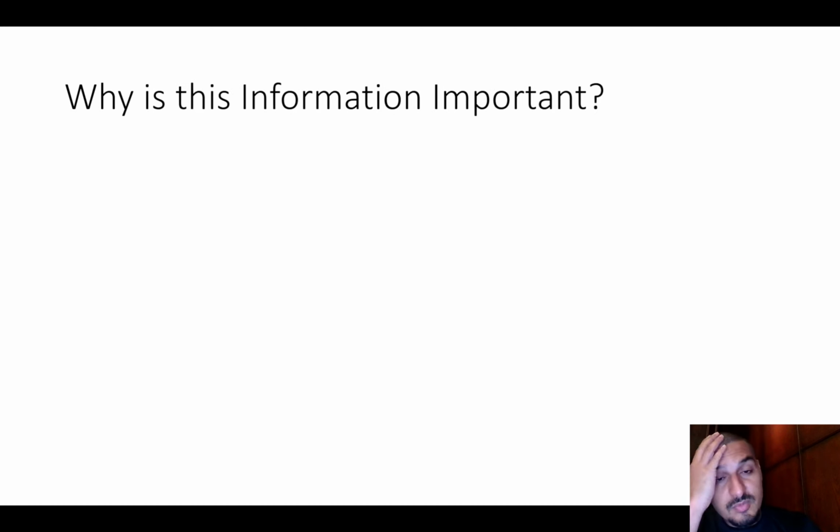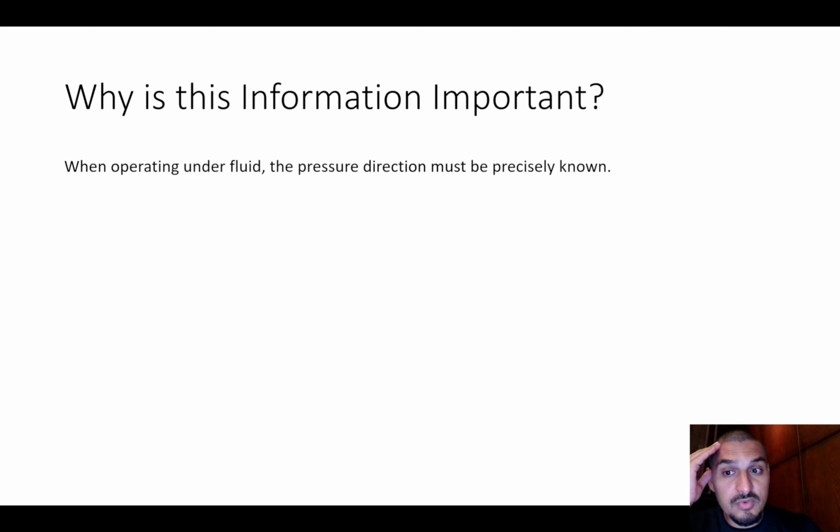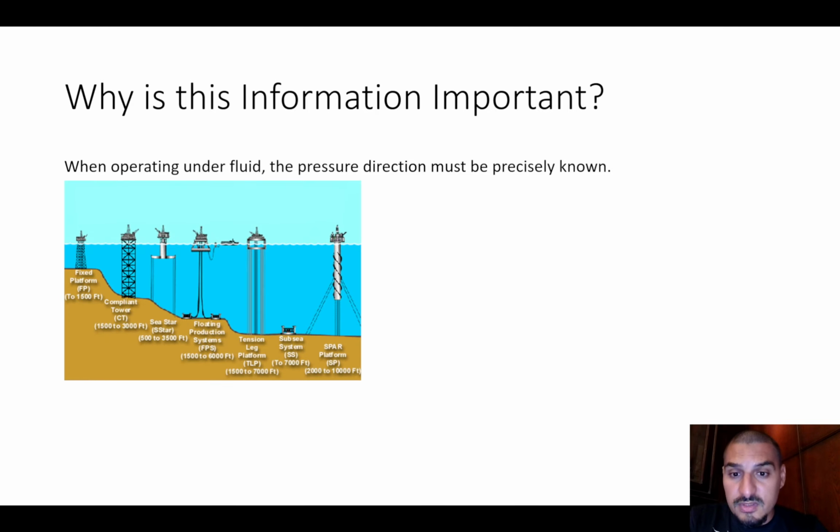Now, why is this important? This is very important because a lot of things depend on this pressure. If the pressure had a direction, then a lot of things would be different.